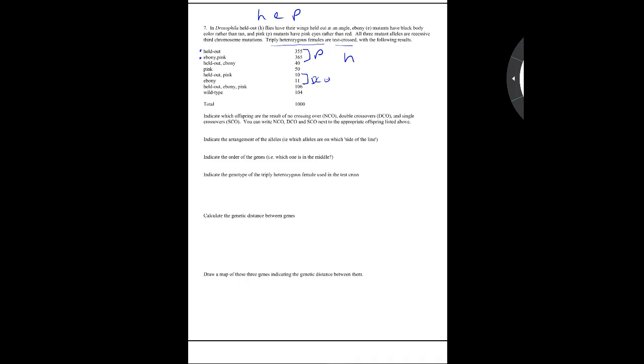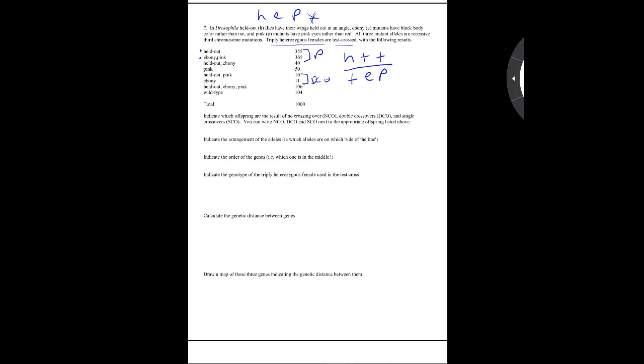We don't know the order, but we're going to put it in the order like this, which means E is in the middle. So we don't write H, E, and P all on one side of the line because the parentals tell us that the H started by itself and the E and P started together.